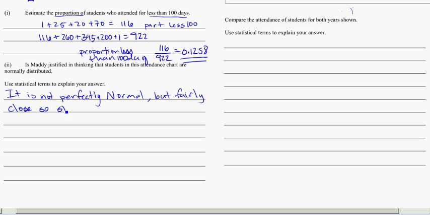So she is justified. My reasons for this: the graph is sort of symmetrical or bell-shaped.